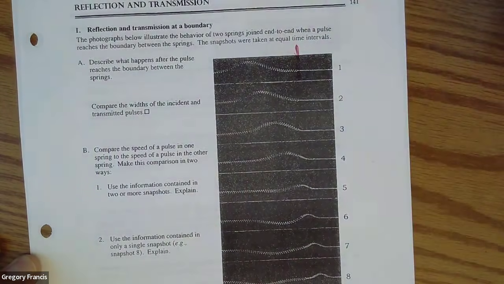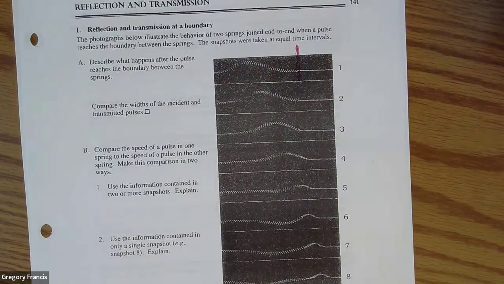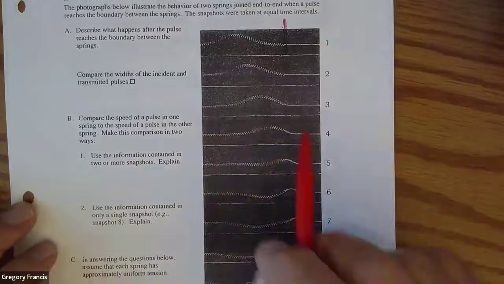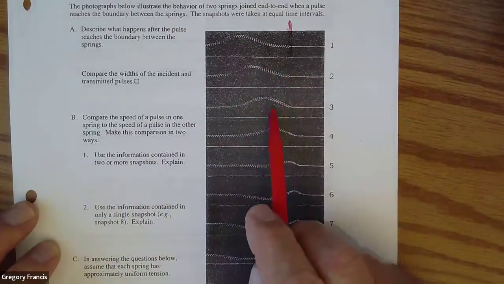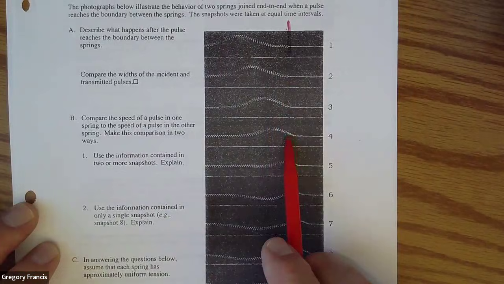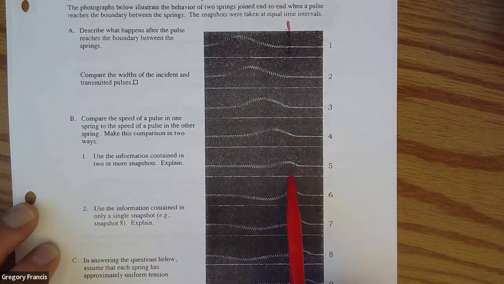The photographs below illustrate the behavior of two springs joined end to end when a pulse reaches the boundary between the springs. The snapshots were taken at equal time intervals. Describe what happens after the pulse reaches the boundary between the springs. Well, we see that the pulse comes in, and when it gets to the boundary, an interesting thing happens.